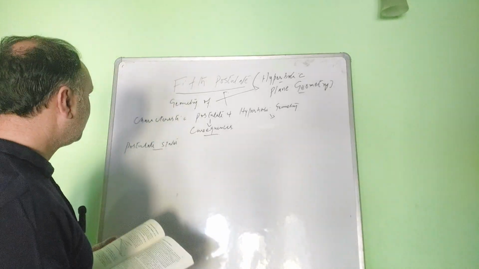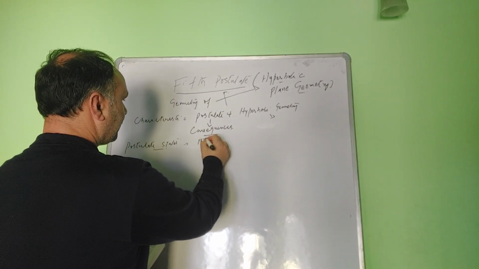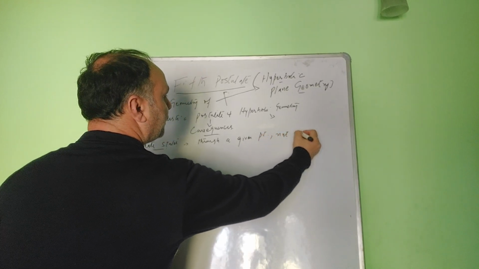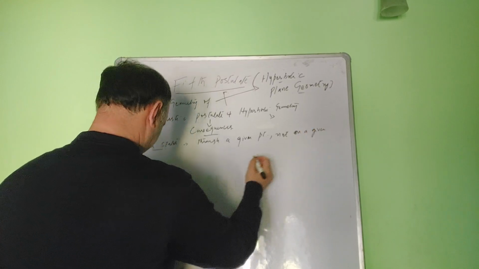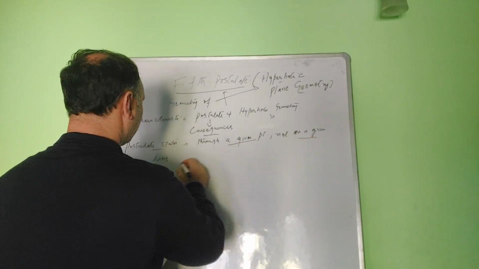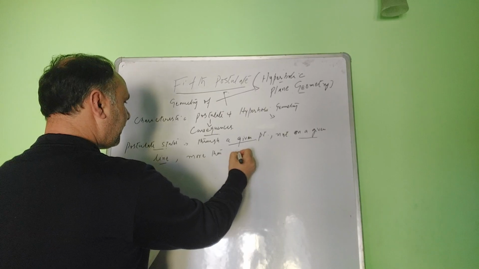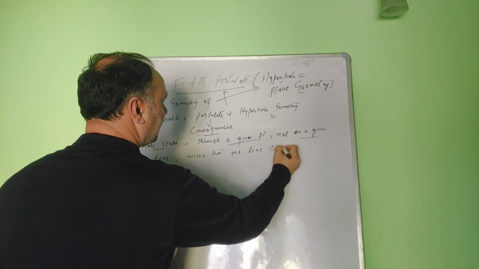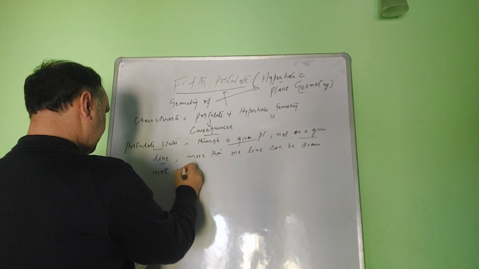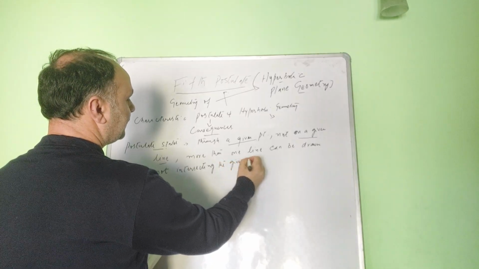If we postulate it within this context, the postulate is that through a given point, not on a given line, more than one line can be drawn not intersecting the given line.